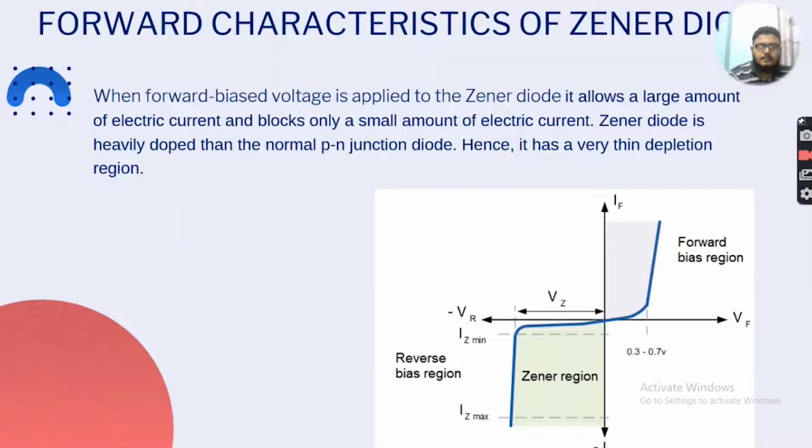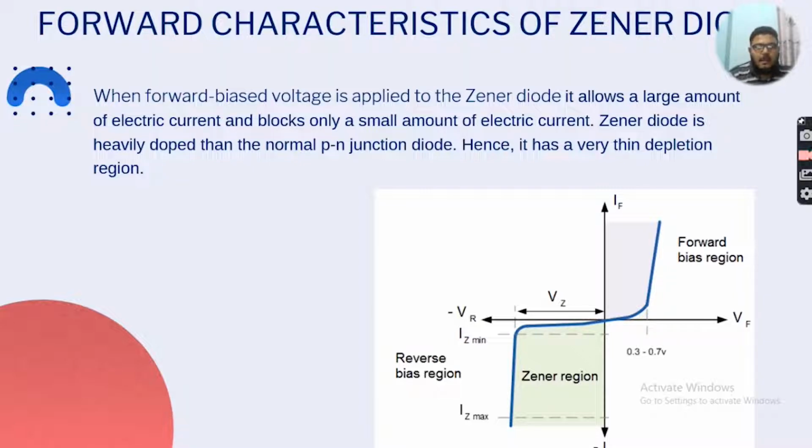The next part is the forward characteristics of Zener diode. It operates similarly to conventional diodes when in the forward bias mode. When forward bias voltage is applied to the Zener diode, it allows a large amount of electric current and blocks only a small amount of electric current.